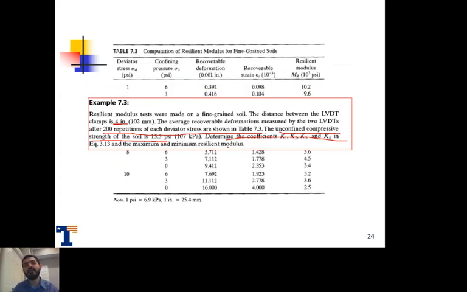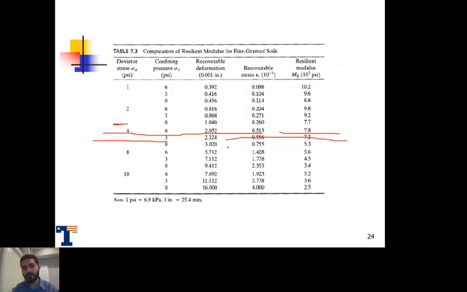So we have the table here. Let's see what we have in this table. Same thing, nothing changed. We have deviator stress 1, 2, 4, 8, and 10. This is the applied stress, and then we have the confining stress sigma 3, and then we have recoverable deformation. This is what we measure during the test, and this is what we use to obtain recoverable strain, which is the recoverable deformation over 4 inches.